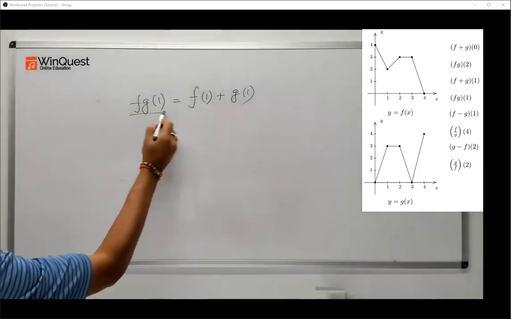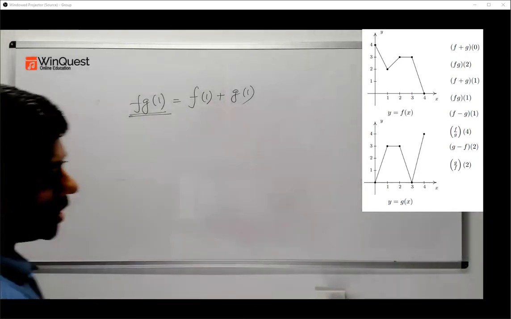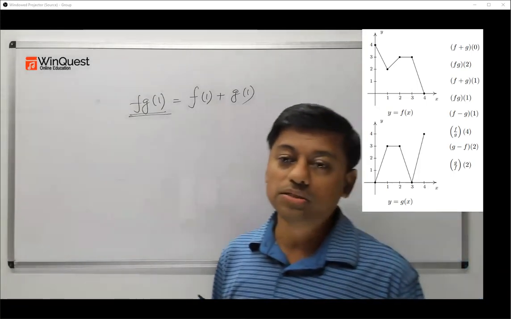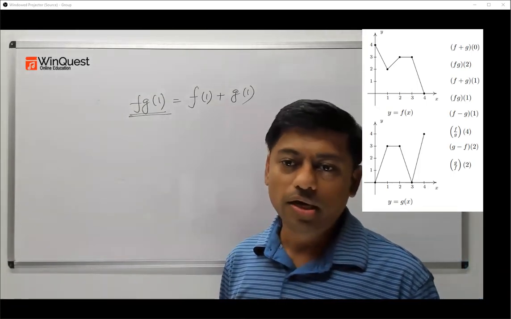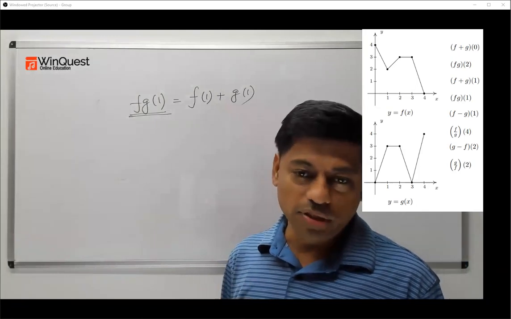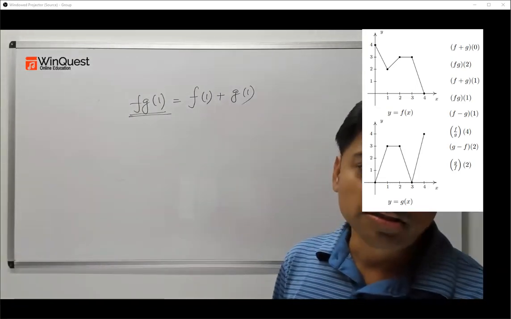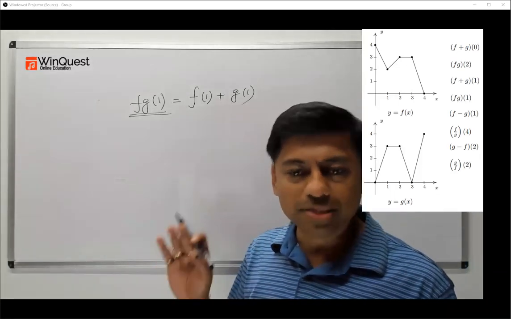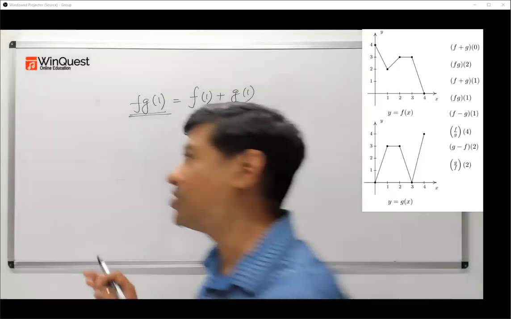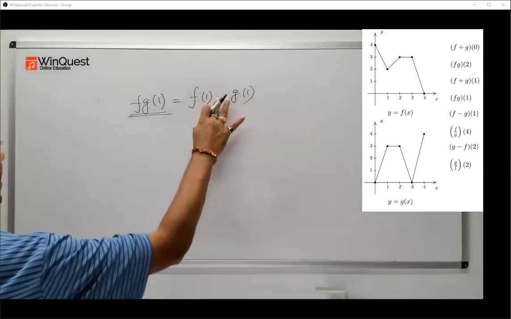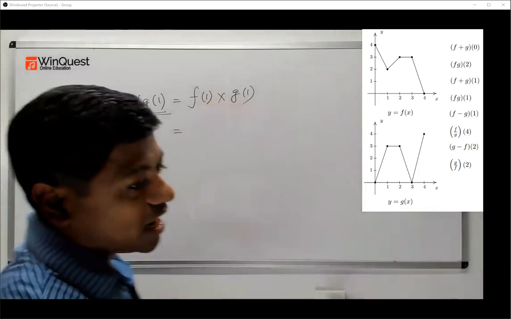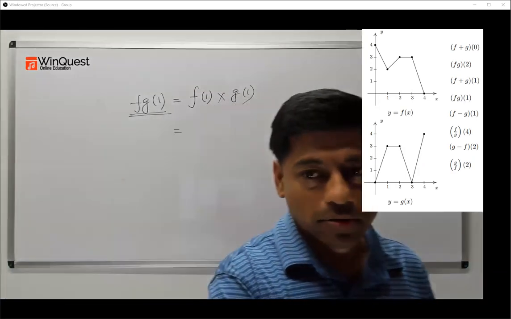fg of 1 is confusing. fg of 1 is not f of g. Please note that. It literally means f multiplied by g of x, which means f of x multiplied by g of x. So this becomes f of 1 multiplied by g of 1. Look at the graph of f of 1.